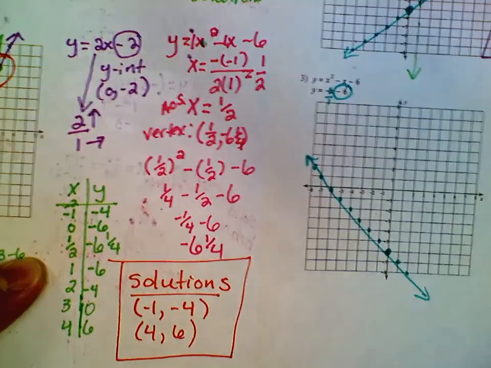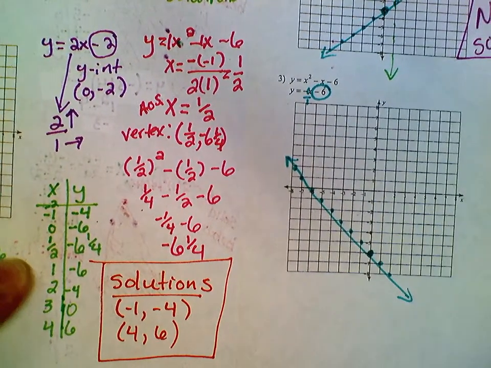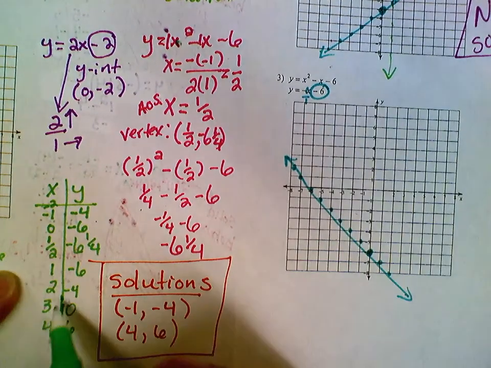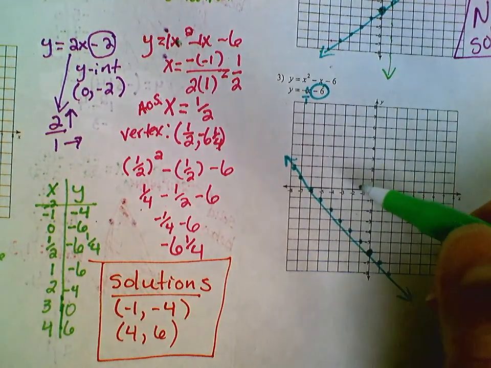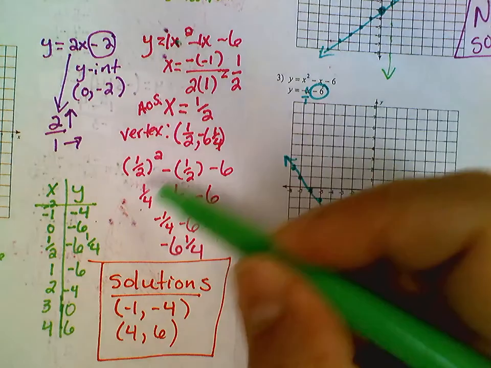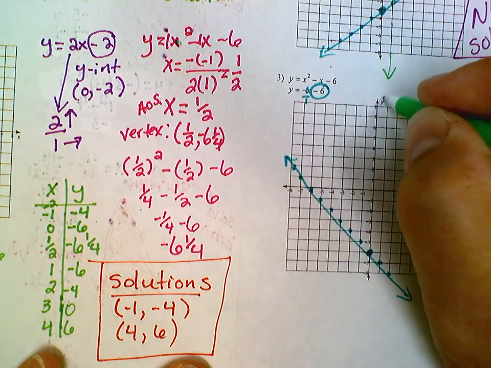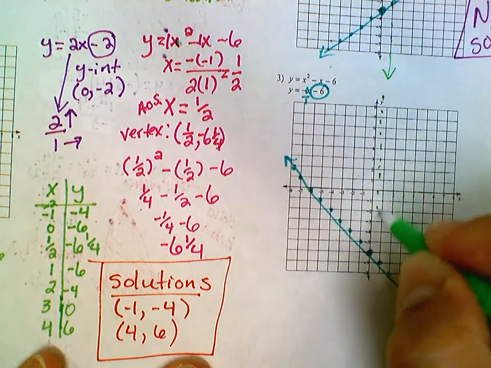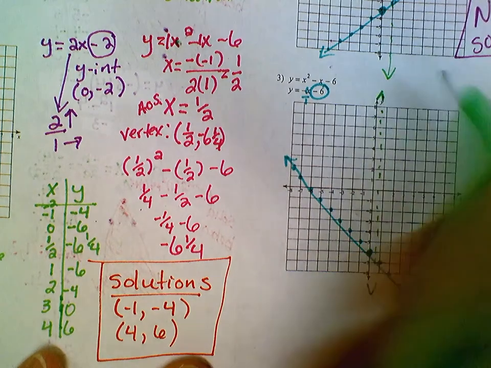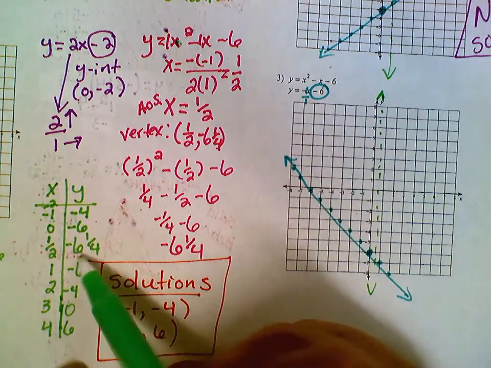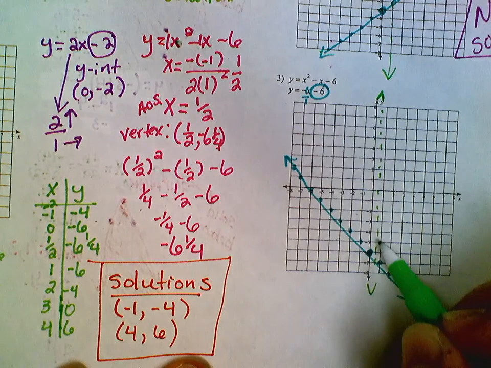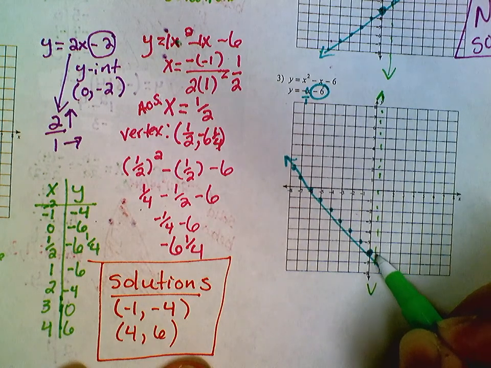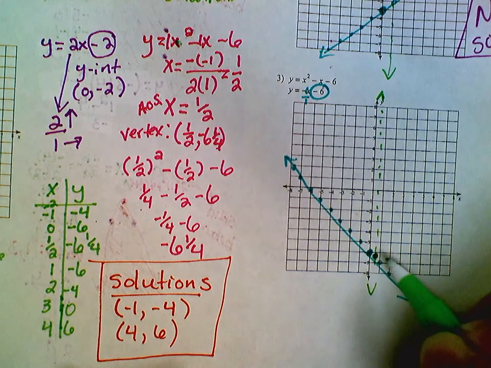So let's see. My vertex is 1, -6, right? No, 1/2. My axis of symmetry is at 1/2. And my vertex is 1/2, -6 1/4. So right here.